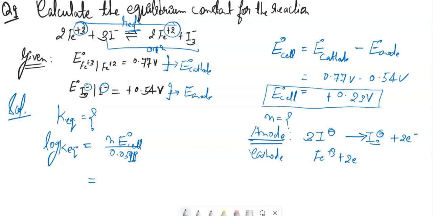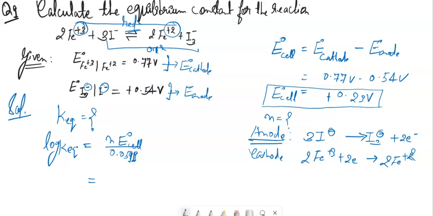Now how many irons are there? There are 2 iron atoms, so here we have 2 Fe³⁺, and here we have 2 Fe²⁺.